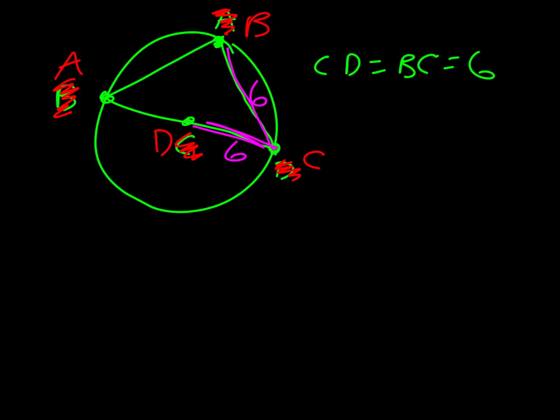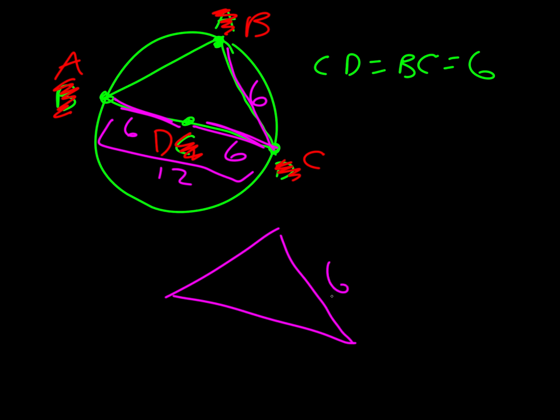Since this is given as a diameter, we know that this is also 6. So the entire length of the diameter is 12. So now we have a triangle. This is 6. This is 12. We also know this is a 90-degree angle because when we have a diameter, this angle is 180, which is twice as big as this, so it's 90.